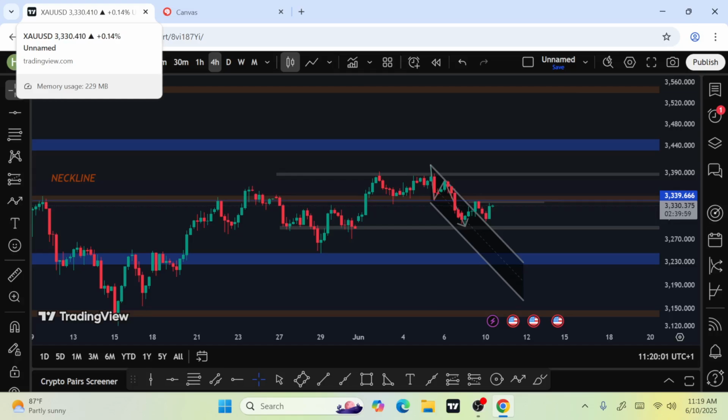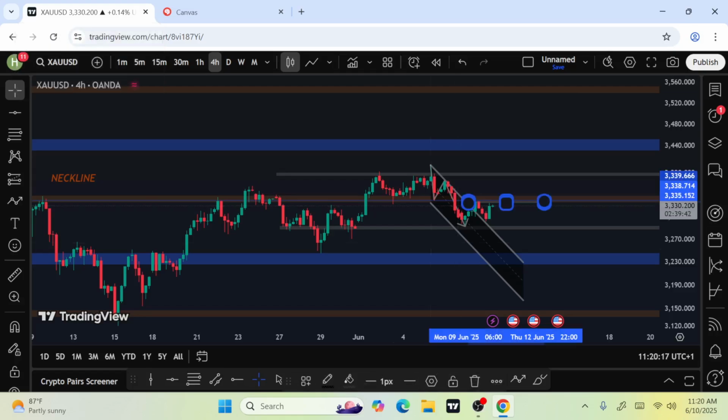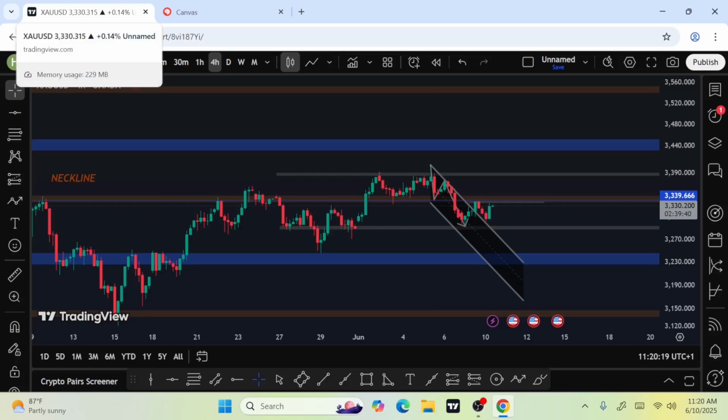And I told them to layer at 3315 because I knew definitely that this price will still come out to mitigate. And the mitigation of this means that the market is retesting this. Because when a breakout happens from this M pattern, it has not retested yet. It's still part of it.